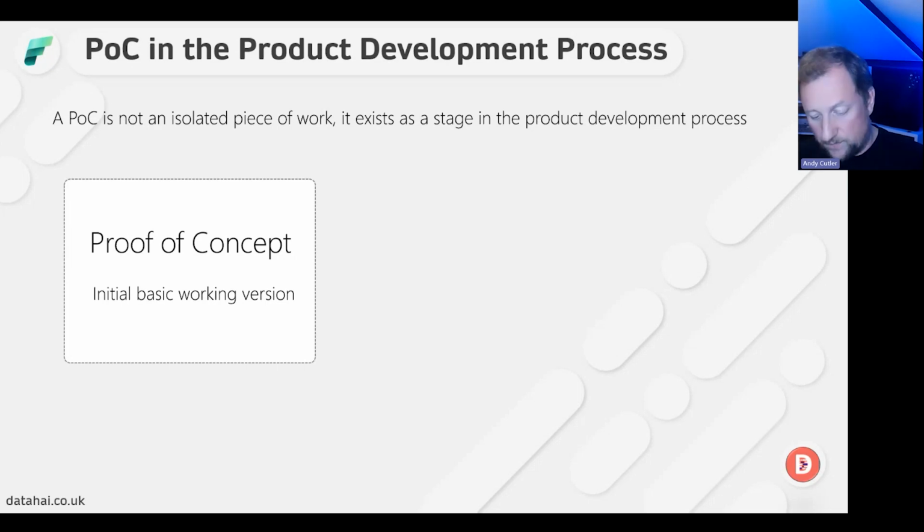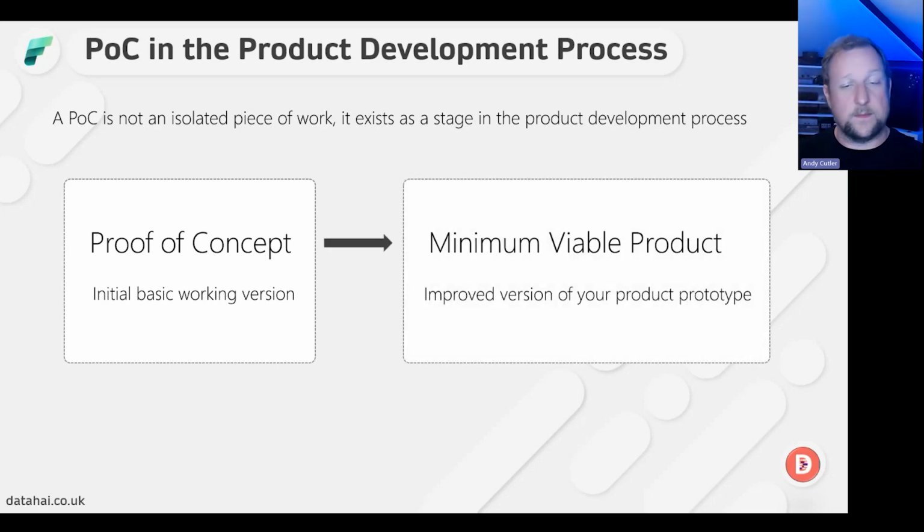Now, if that proof of concept ends up succeeding, then perhaps that goes on to be an MVP, a minimum viable product that we can build on. So it's not something that you can look at as always being scrapped when it's completed. It could be something that you can move on with. So all of that hard work, let's say to set up Fabric, to set up workspaces, lake houses, notebooks, isn't going to be in vain.